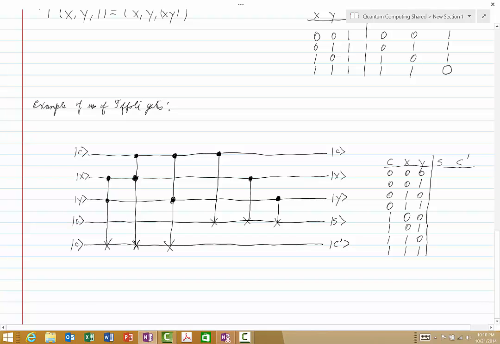When C and X and Y are all 0, then you notice that this is connected to the C line, this is connected to X, and this is connected to Y. So when C, X, and Y are all 0, then S does not get inverted at all, and it's equal to 0.